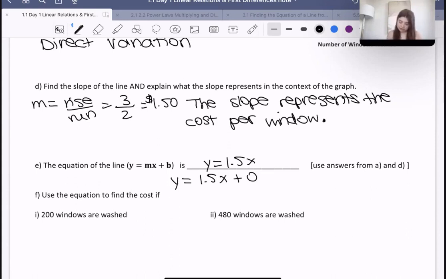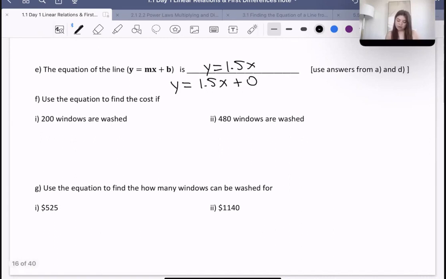Now let's use the equation to find out how much it would cost if 200 windows are washed. So y would be equal to 1.5 times 200, which is $300. So to wash 200 windows, it would only cost $300, which is a pretty great deal. Awesome.